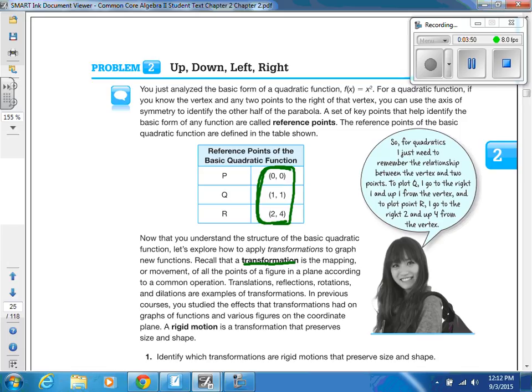Rigid motion, that's a transformation that doesn't change the size or the shape. Like a translation or a reflection. Can you think of another one that doesn't change the size or the shape? Rotation. A rotation, yes. Rotation just turns it. It doesn't change the size or the shape. We just answered number 1, by the way.